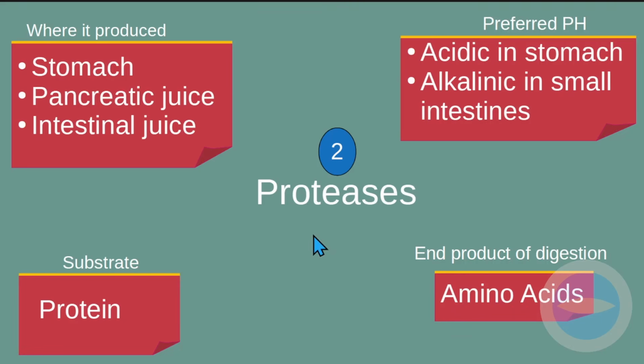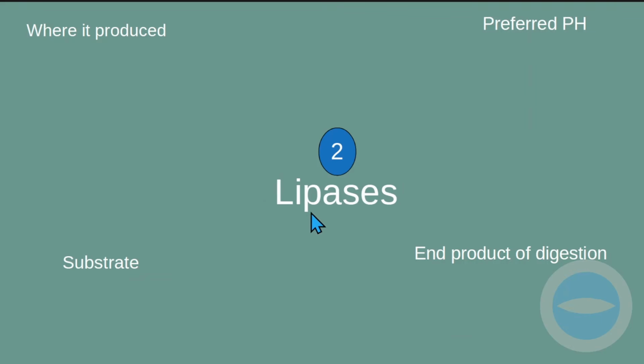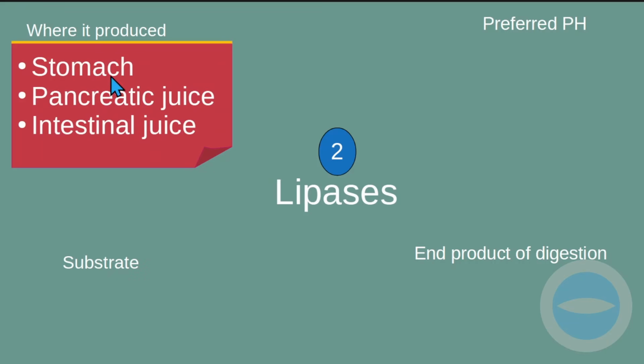And then the last enzyme is lipase. Where is it produced? It is produced in the stomach, in pancreatic juice, and in intestinal juice. And then the substrate is lipids. This is lipids, and the enzyme is lipase. So you see what I was talking about with the "-ase". And lipids are fats and oils.